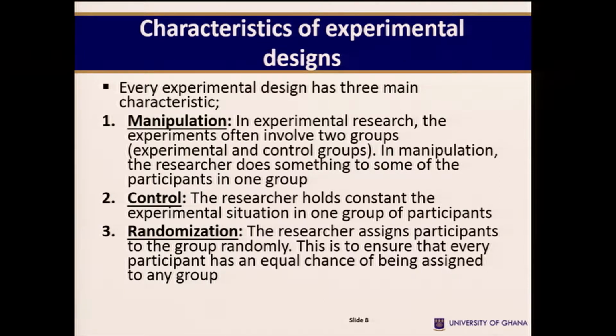The next characteristic is control. The researcher holds constant the experimental situation in one group of participants. For instance, if you want to measure the effect of music on academic performance among level 100 students, you will divide these students into two.